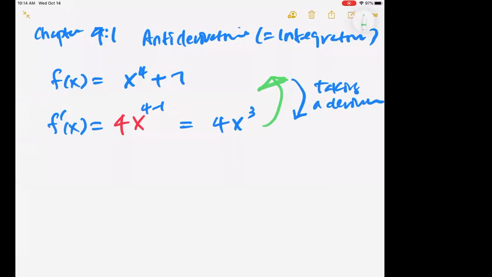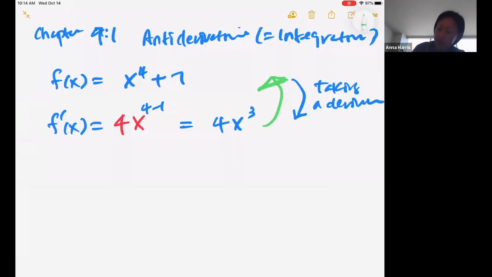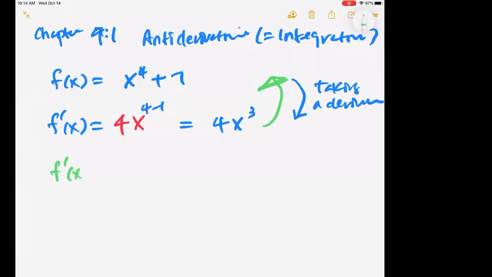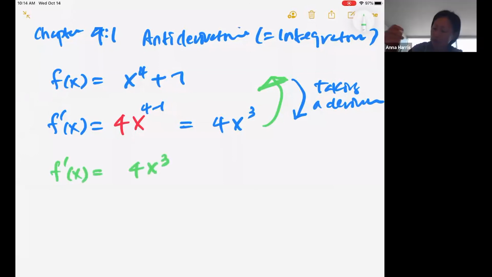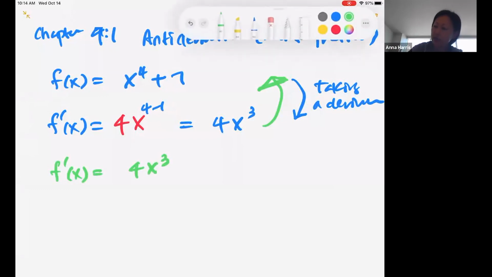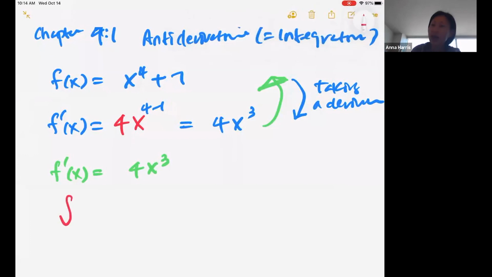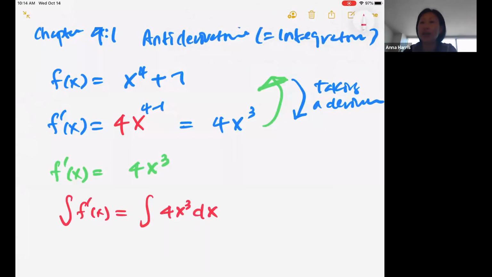Perfect. So that means I'm going to take this. This is what I had, and I want to go back. So this is what you have to use. I'm going to take the antiderivative of f prime of x, or I can say the antiderivative of 4x to the third dx. That's how you write it down. The symbol for antiderivative is a long s.